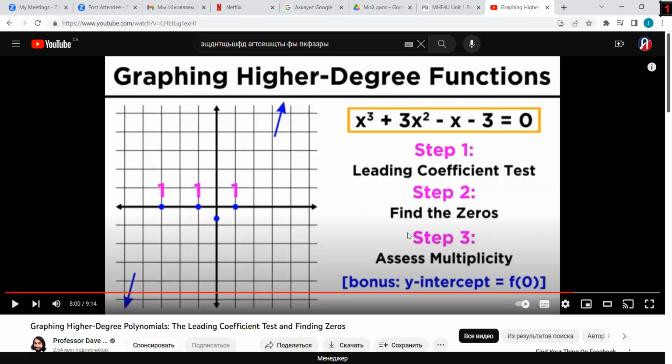It will be really useful for you to remember the 3 steps because knowing these 3 steps will allow you to plot almost any polynomial function with no problem. Okay, Lorraine? Please take a moment to note down these 3 steps, okay?